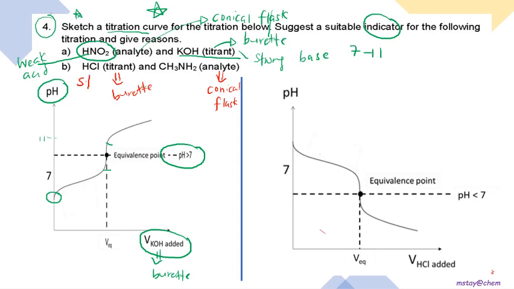HCl is strong acid, while CH3NH2 is the weak base. So the steep part range for strong acid and weak base is 3 to 7. Here we know that this one is weak base, so maybe you can roughly label 11, and then the steep part over here is 7, and then over here is 3.